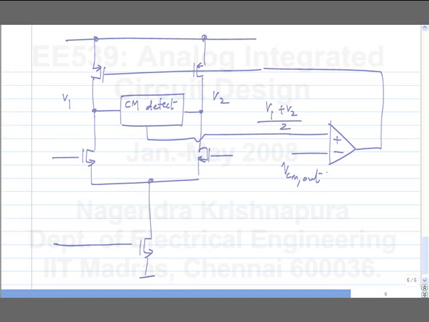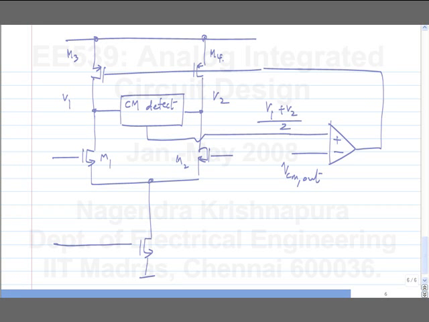We detect the common mode, compare it to some desired output common mode voltage, and then control the upper current sources based on that voltage. Okay. First of all, what's a common mode detector? How will we find (V1 + V2)/2 from V1 and V2? Put two resistors, that's probably the simplest thing, right?